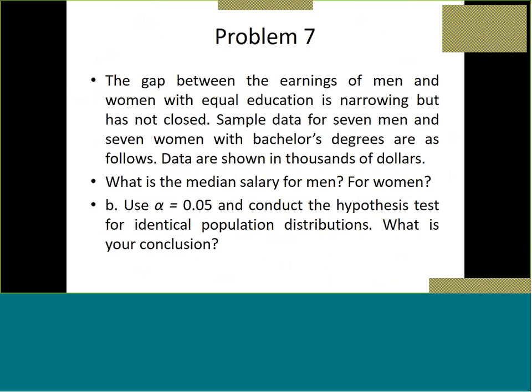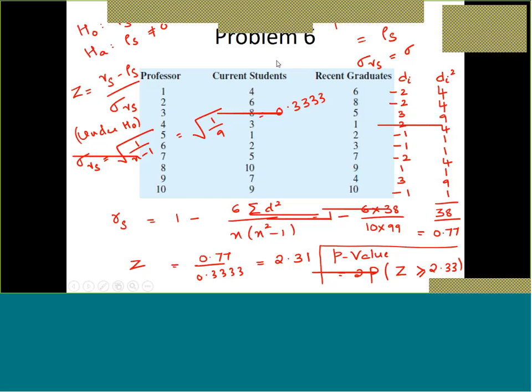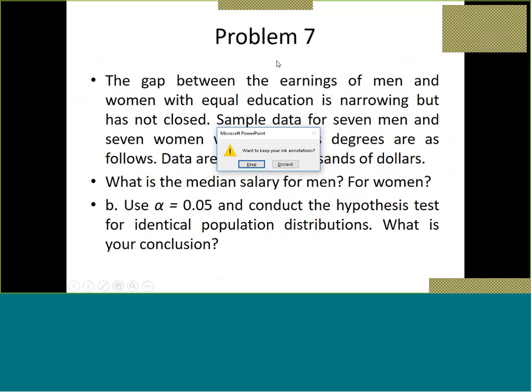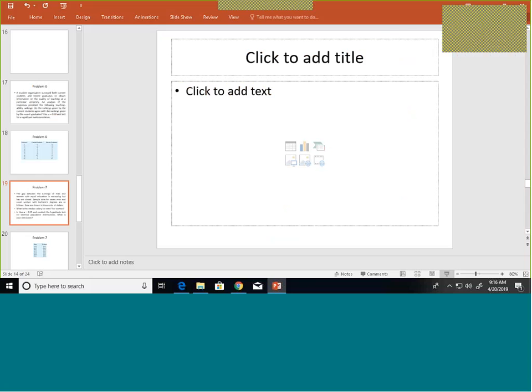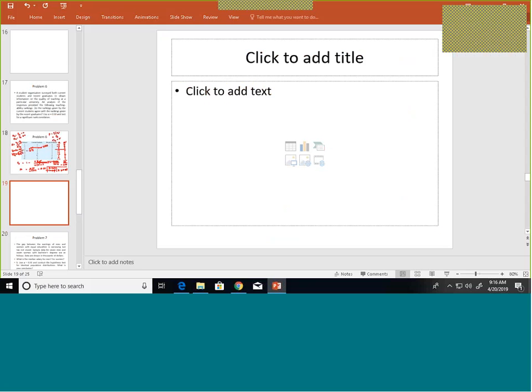Any questions? I'm writing here for your convenience. You should always think that if X is a random variable, what is Z? X minus the expected value of X by the standard deviation of X. Here, what is your statistic?